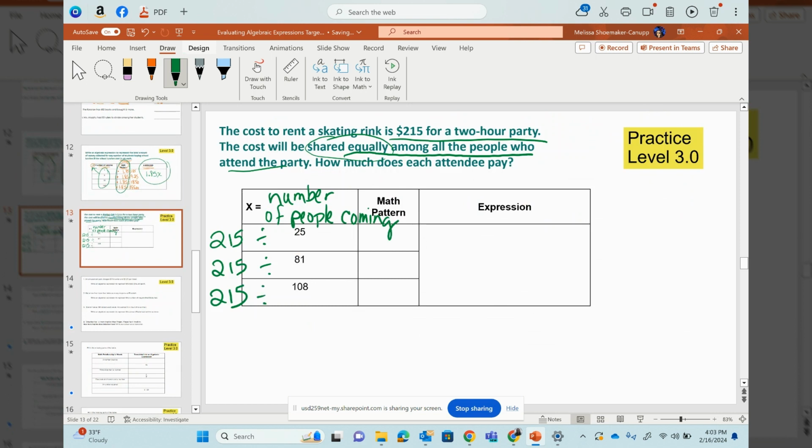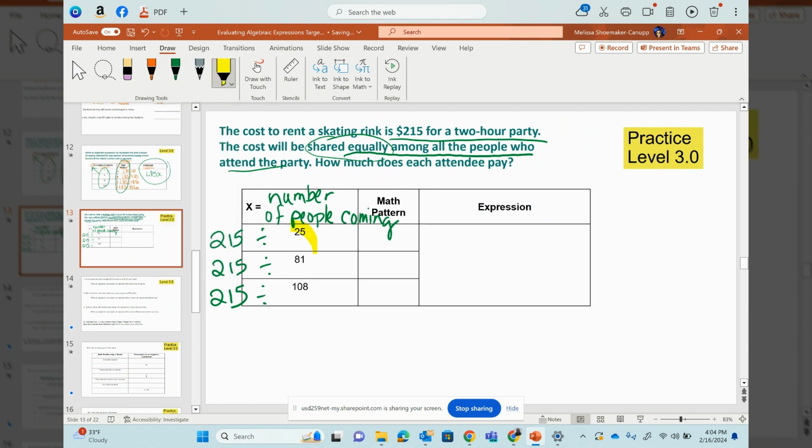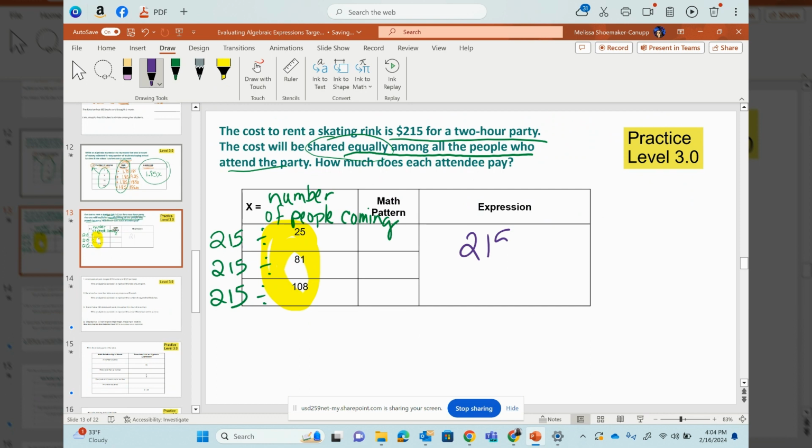So do you see the pattern? Okay, so where does the X go in this scenario? Not first anymore. These are the X's. Okay, we always start out with the same number, 215. What are we doing? We're dividing by X, the number of people coming. Now remember, you can also make it look like division.